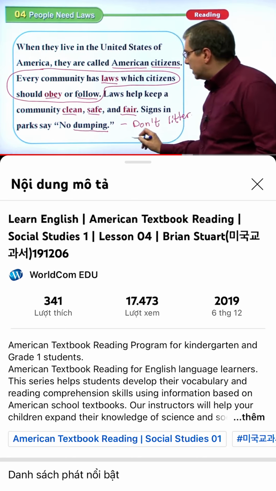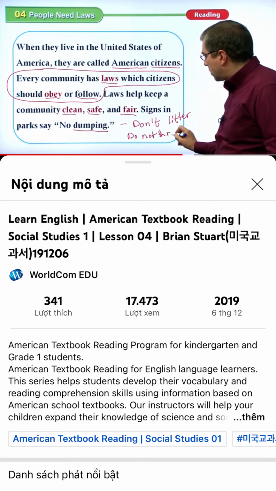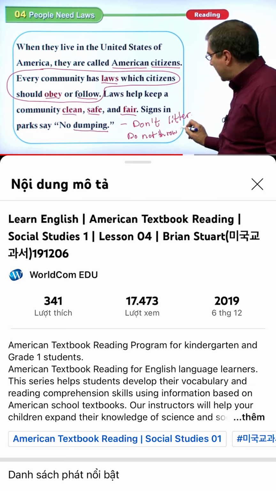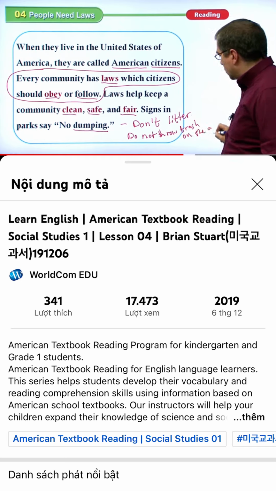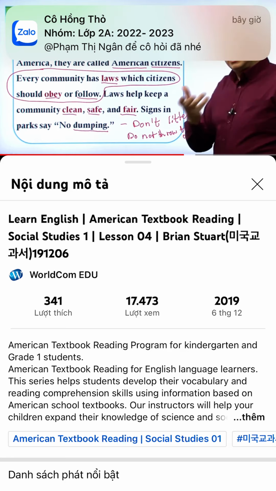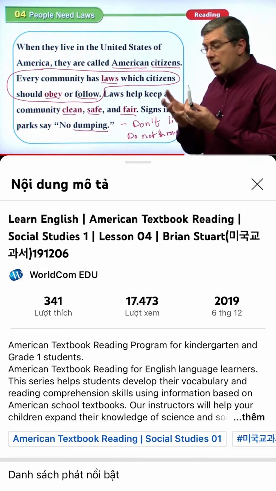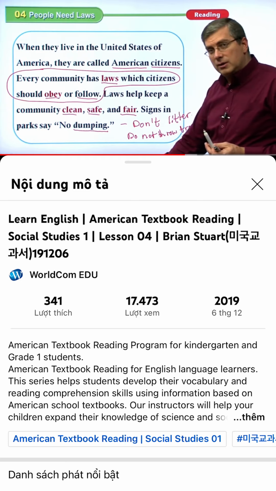Also, it just means do not throw trash on the ground. So when you are eating something, you're eating a piece of candy or you have something that's wrapped up in food, when you're finished eating, don't take that wrapper and throw it on the ground, right?